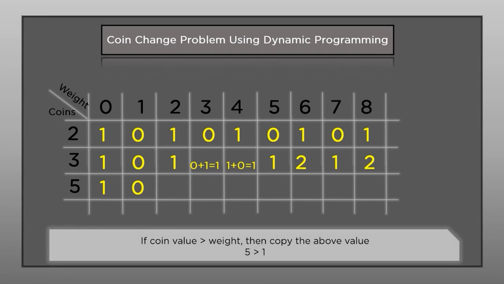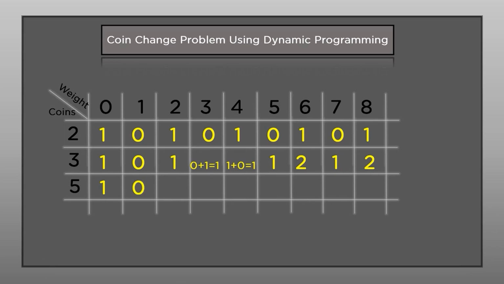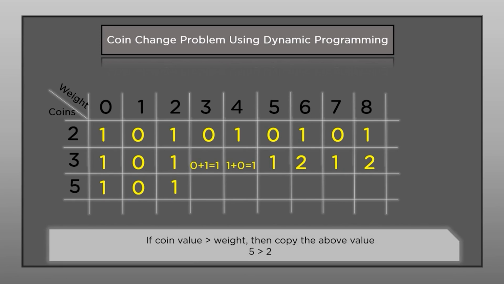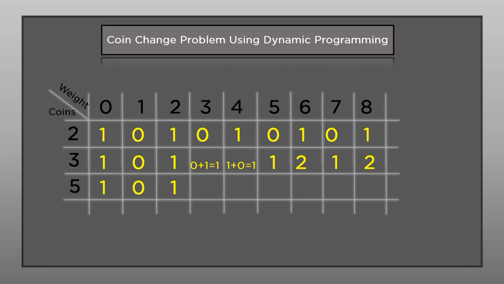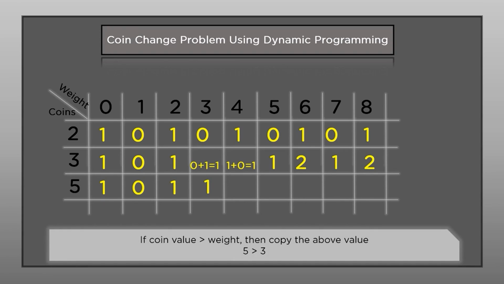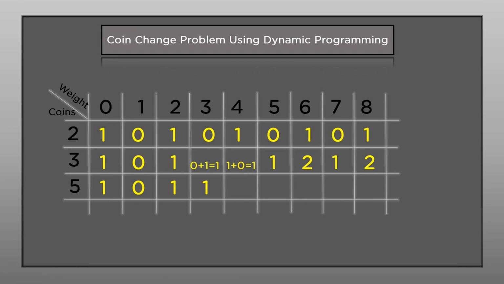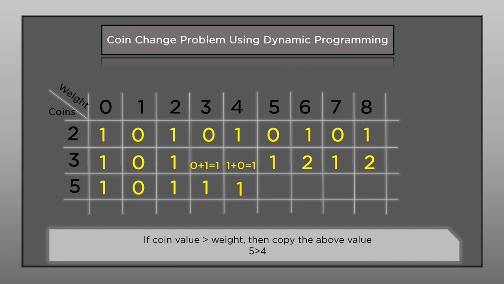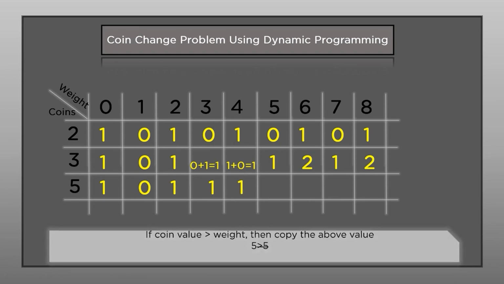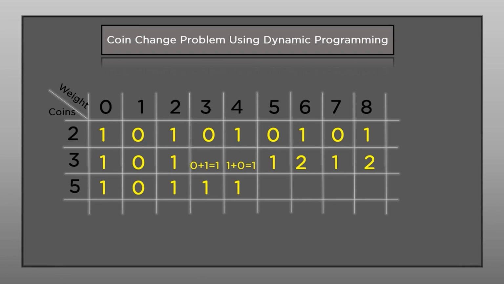By excluding coin value 5, we are left with 2 and 3, and what we have for coin 2 and 3 in the same row is 0 and 1, and the sum of 0 and 1 gives 1. And by including coin value 5, we subtract coin value 5 from the sum, which gives 0, and what we have below, the sum of 0 in the same row, is 1. So 1 plus 1 gives 2. So we update the same.